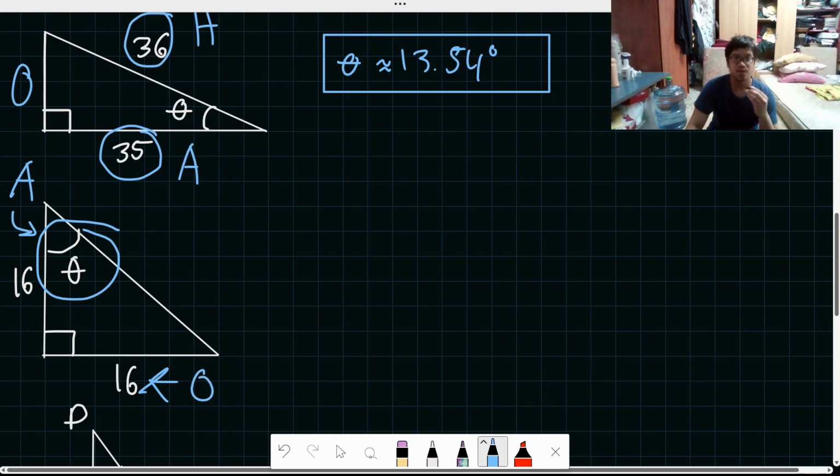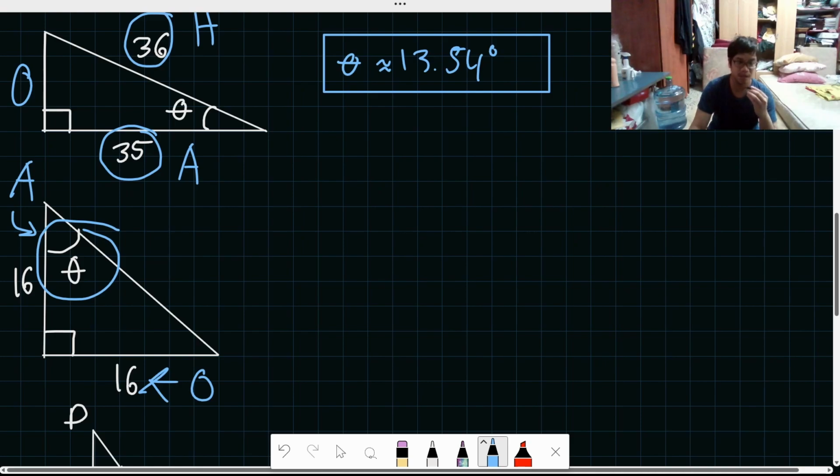Now, since we're looking for the given acute angle in the given figure, what are we going to do? First and foremost, again, we need to know what our given sides are. Is there a hypotenuse? Is there an adjacent or opposite?